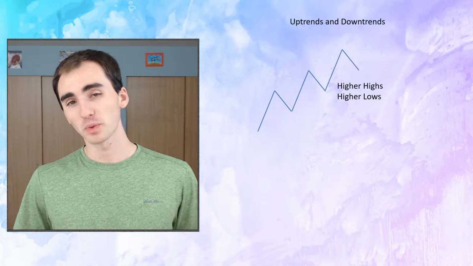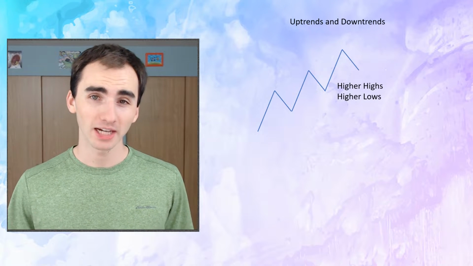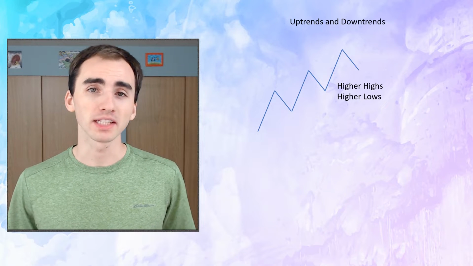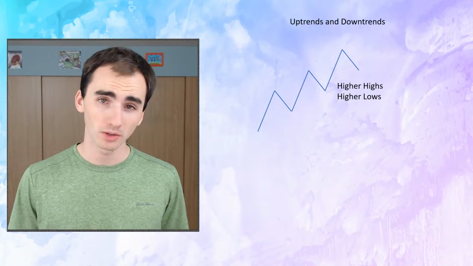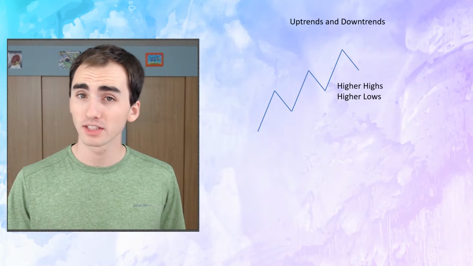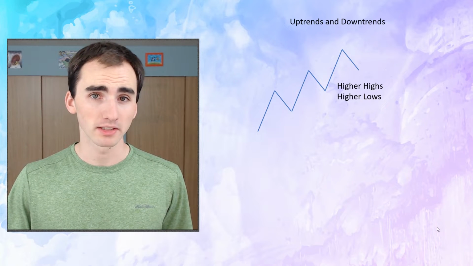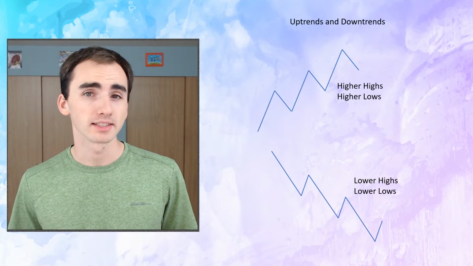Now, the easiest way to spot an uptrend is to use the pattern of it having higher highs and higher lows. Every one of these peaks is higher than the last, and every one of the lows is higher than the previous low, causing this general uptrend. Now, for downtrends, it'll have lower lows and lower highs.